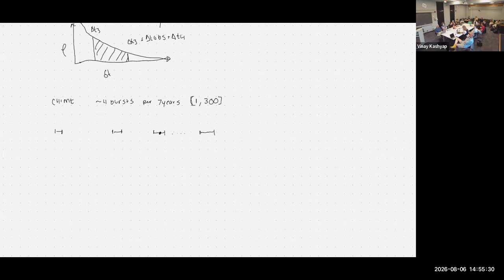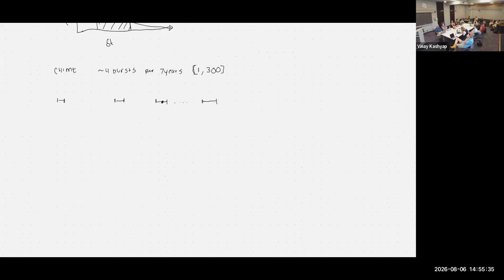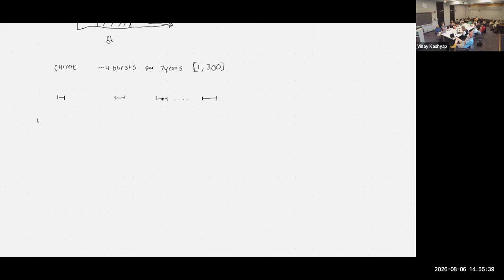Okay, so there are two ambiguities. The first ambiguity, which I think is solvable but leads to the second, is when does an observing window count as independent? Let's draw out the problem.